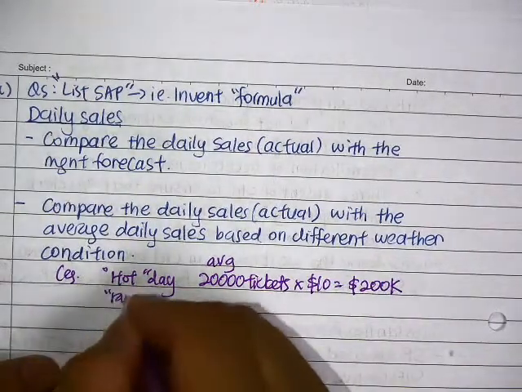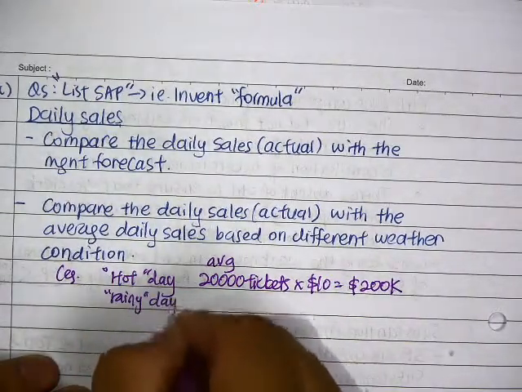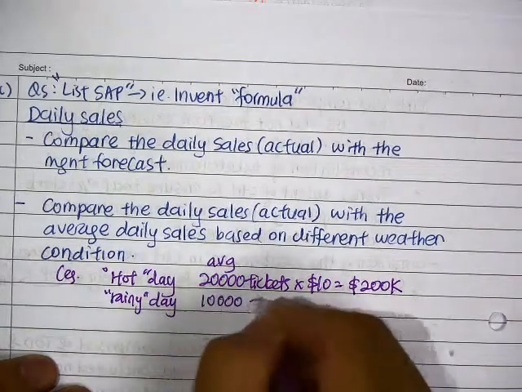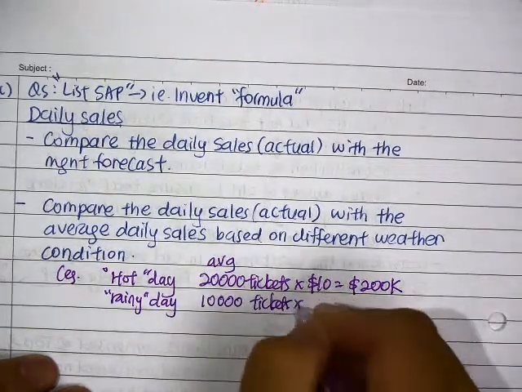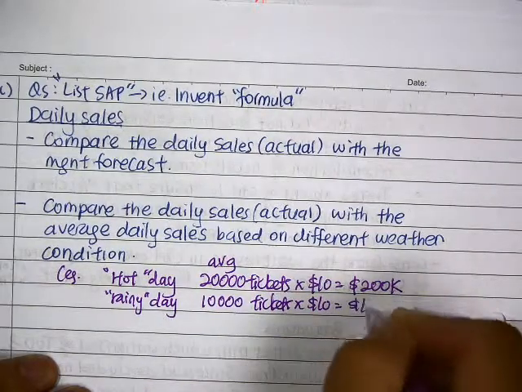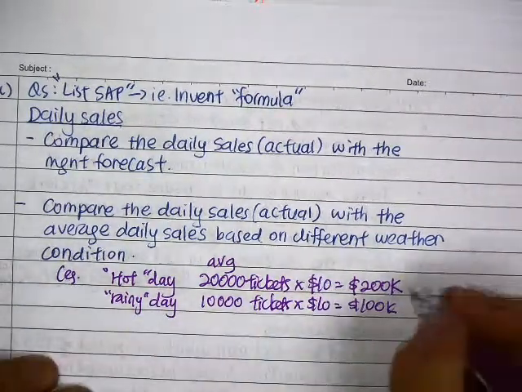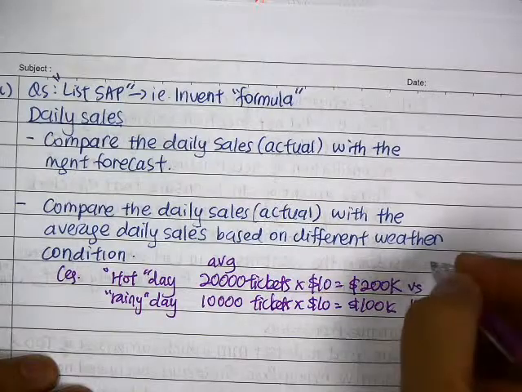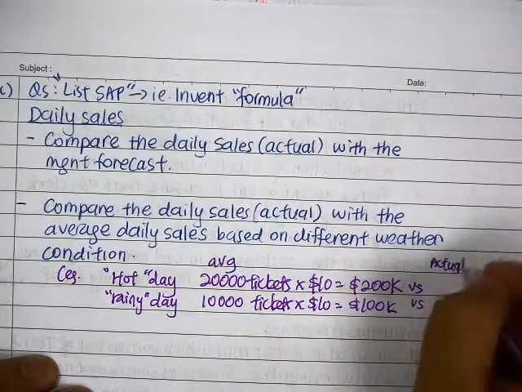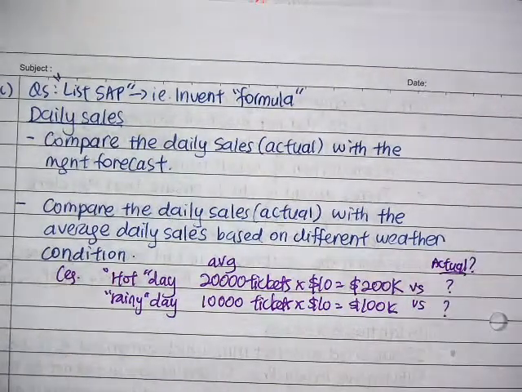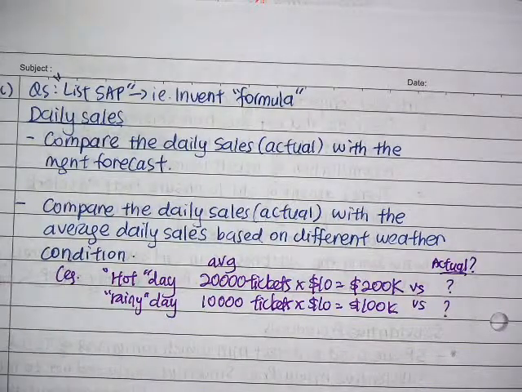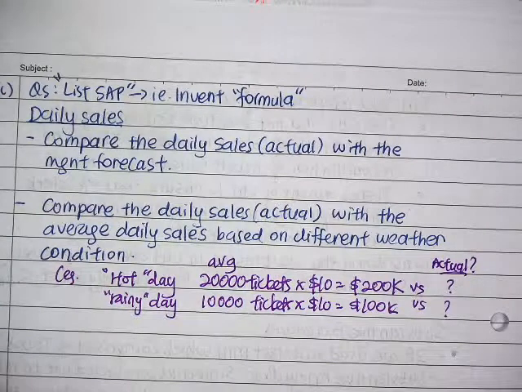Now if it's a rainy day, I will take half of the ticket, $10, is $100,000. Now I take this and compare with my actual. So you take one day that is hot day and compare the sales. You take one day that's rainy day and compare the sales, and see if there is any unusual difference. Because we don't expect this thing to run by March, follow or not?